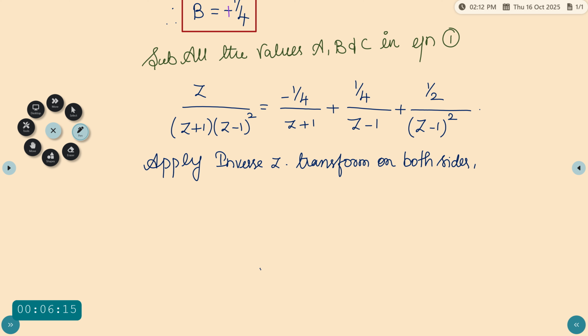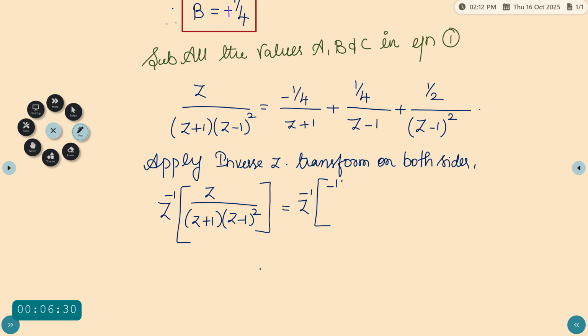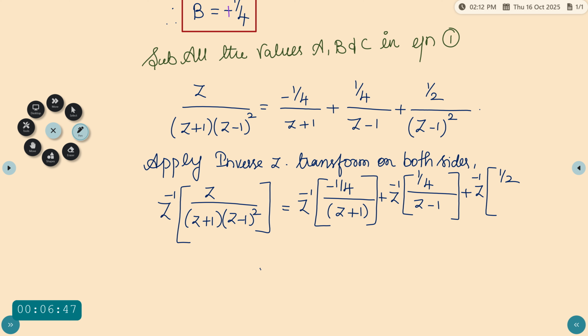We are getting Z inverse of Z divided by Z plus 1, Z minus 1 the whole square, that is the question. Next, Z inverse of minus 1 by 4 divided by Z plus 1 plus Z inverse of 1 by 4 divided by Z minus 1 plus Z inverse of 1 by 2 divided by Z minus 1 the whole square.